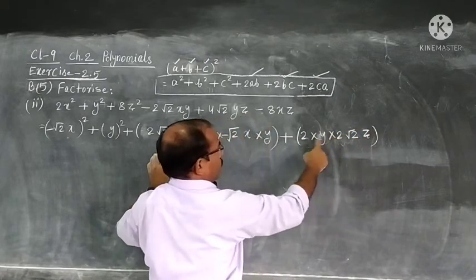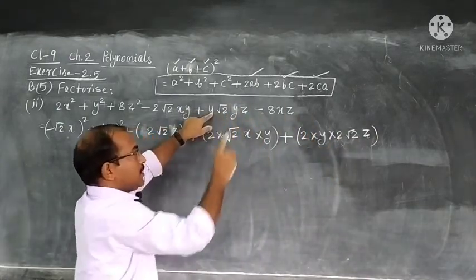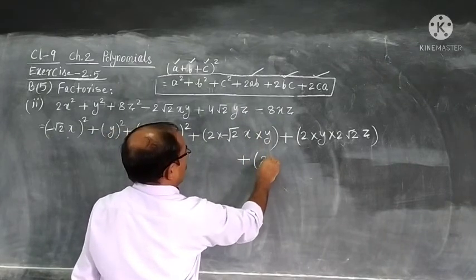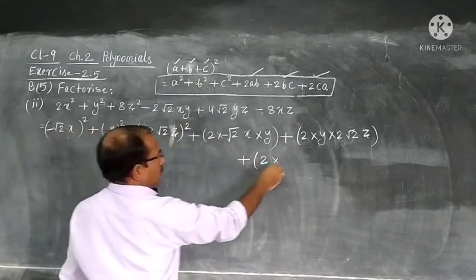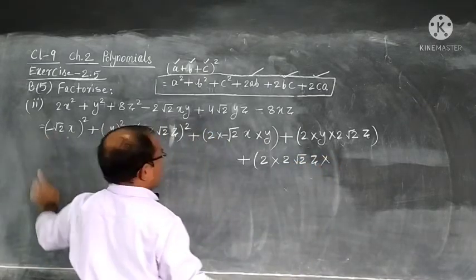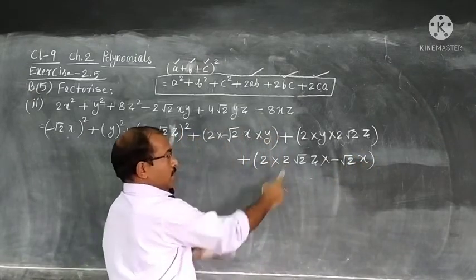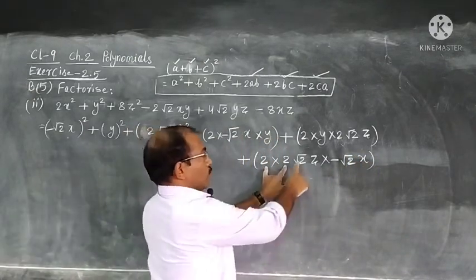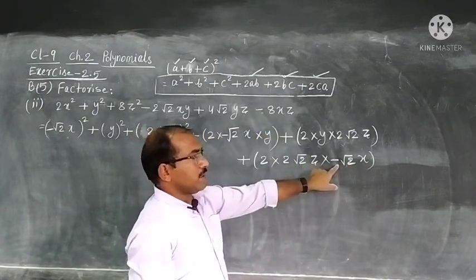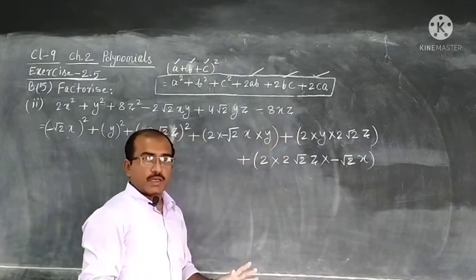Let us verify: 2 2s are 4, root 2 yz. So, this term will come by itself. Plus 2 ca, c is 2 root 2 z, and a is minus root 2 x. So, we will verify: 2 2s are 4, root 2 into root 2 is 2, so 4 2s are 8, minus 8 xz.